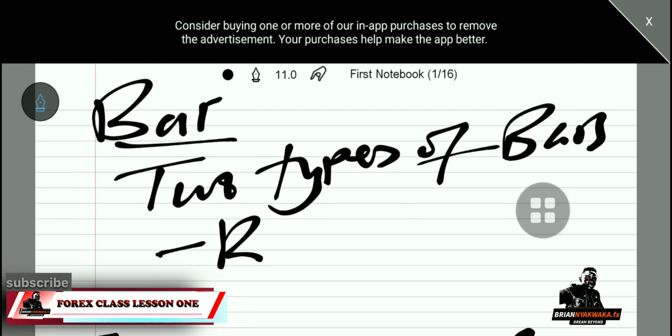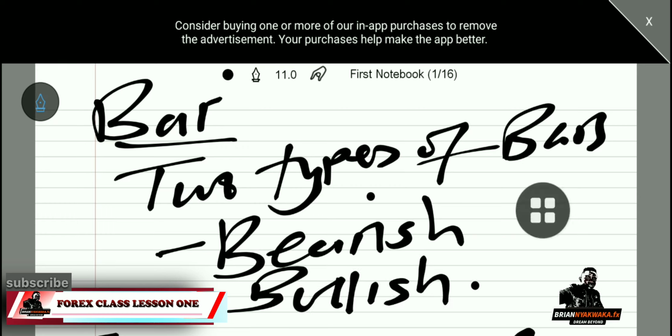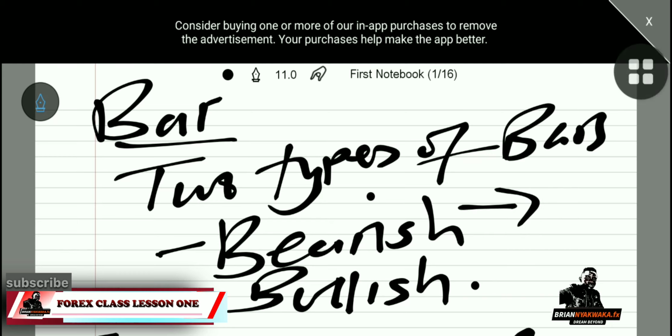We have bearish bar and bullish bar. So the word bearish emanated from the word bears, because the way bears normally fight, they normally drag their enemies onto the ground.